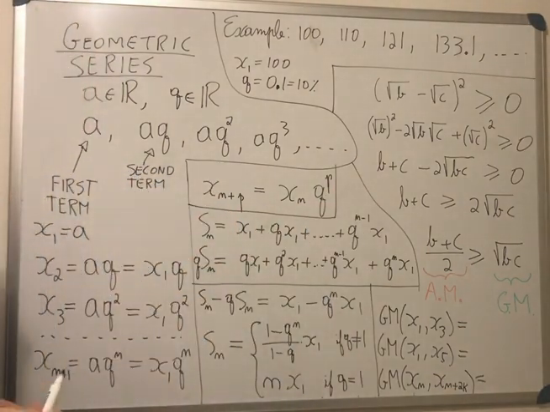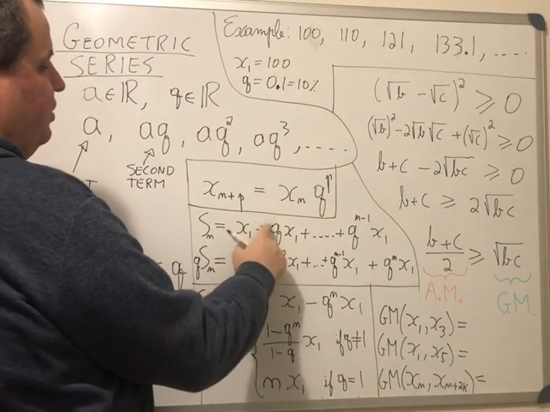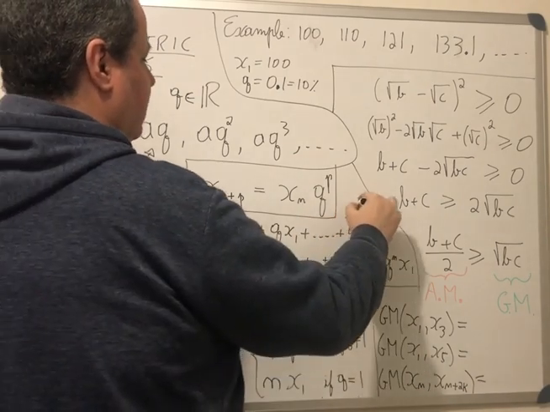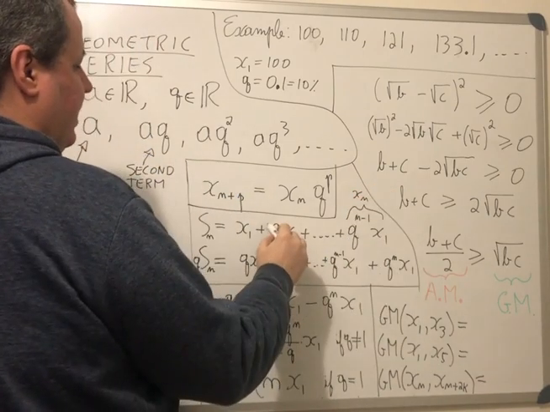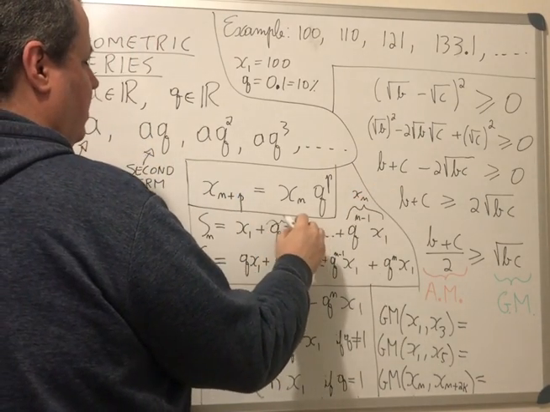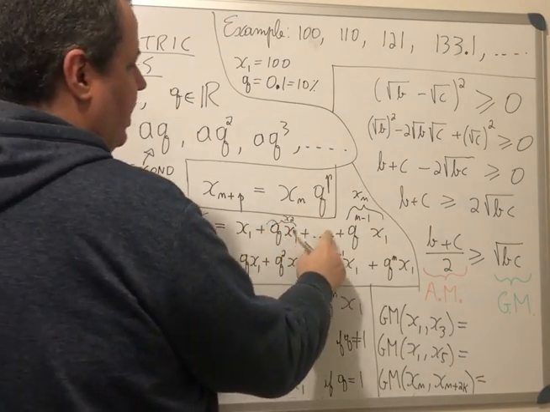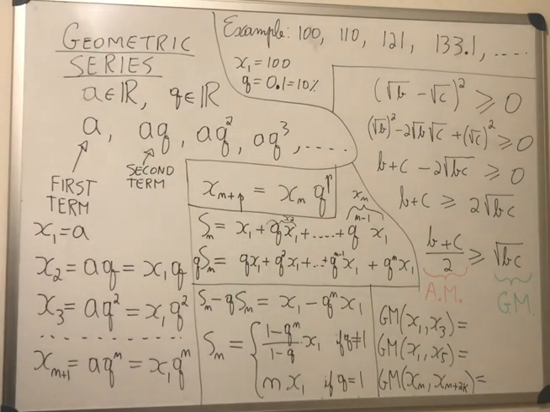What about the sum of terms of a geometric sequence? Let me call Sn the sum x1 plus x2 plus x3 up to xn. I'm adding x1, x2, x3, x4, x5 up to some xn, and I'm using this formula here.